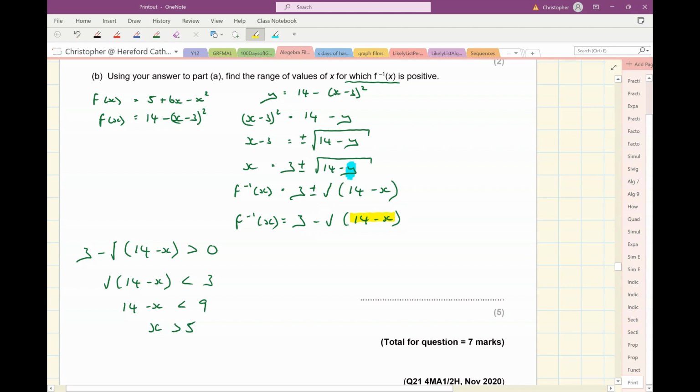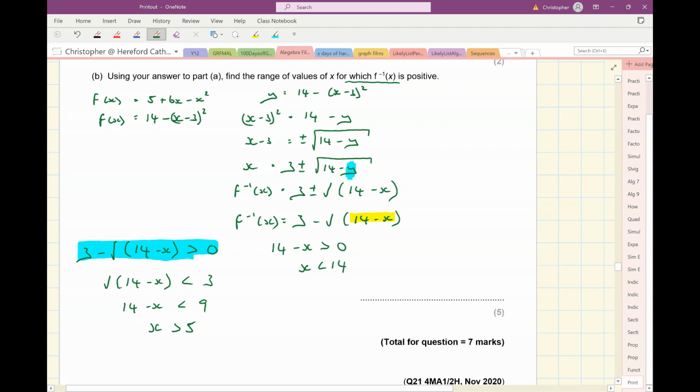So you also need to bear that in mind when we're looking at restrictions on x, because not only does this inequality have to hold so that the inverse function is positive, but also 14 minus x must be positive so that you're not attempting to square root a negative number. There's another restriction there, difficult to spot. And that means that x must be less than or equal to 14.